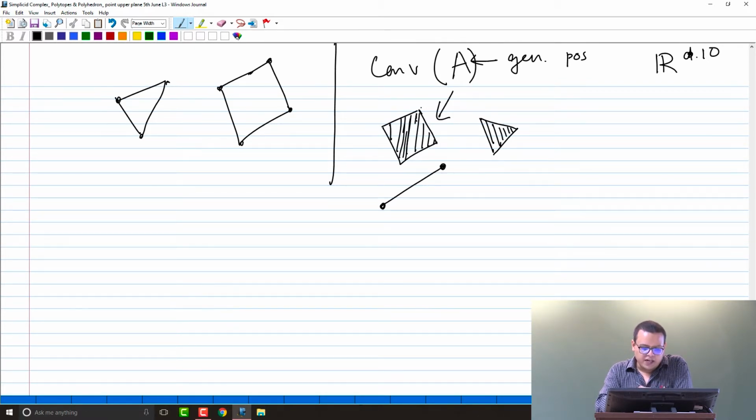But these 4 points will be valid general position points in R 2. But the faces then will not be this square, the faces will be these segments, right, these vertices.